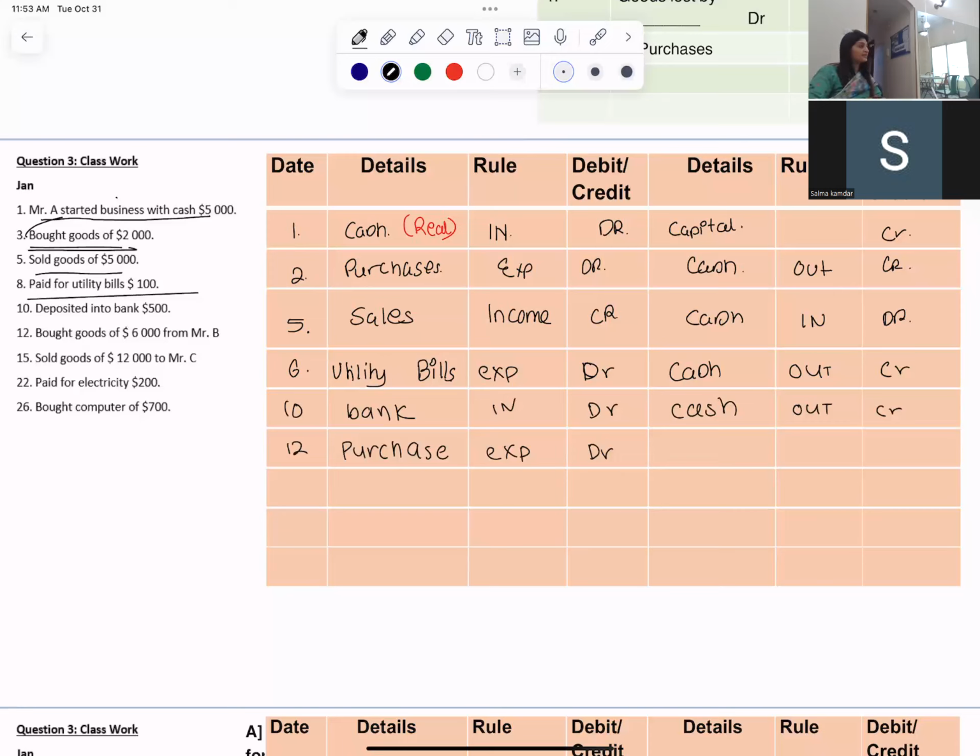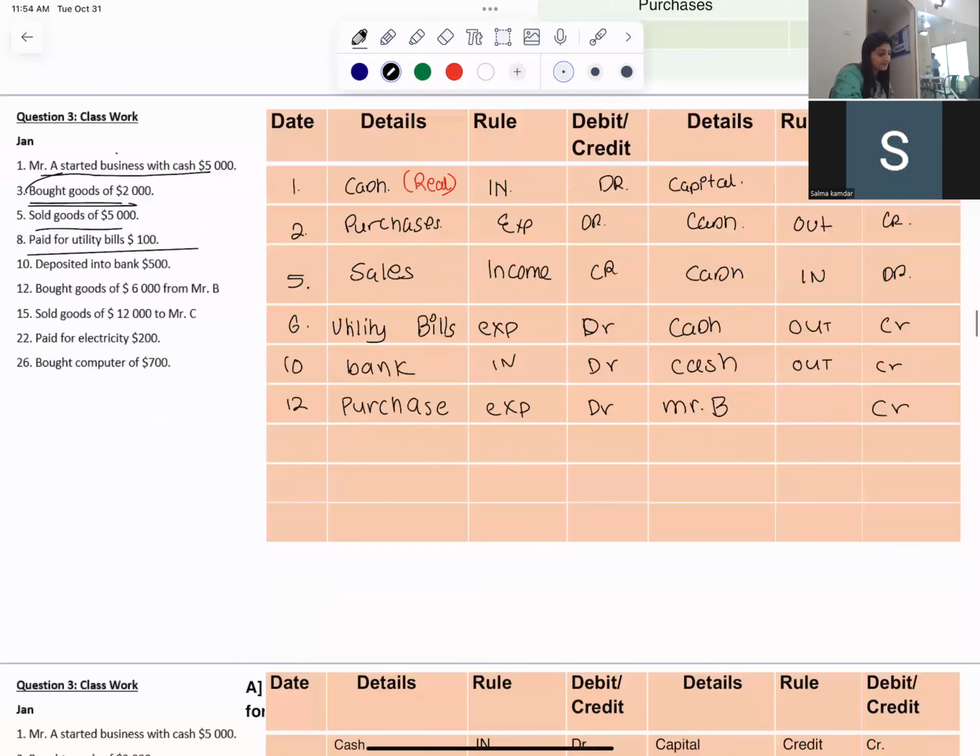Debit all expenses and losses, credit all income and gains. Purchase is an expense, so debited. If purchase is debited, Mr. C is credited. I'm not teaching you rules for personal account. Go to the next one.